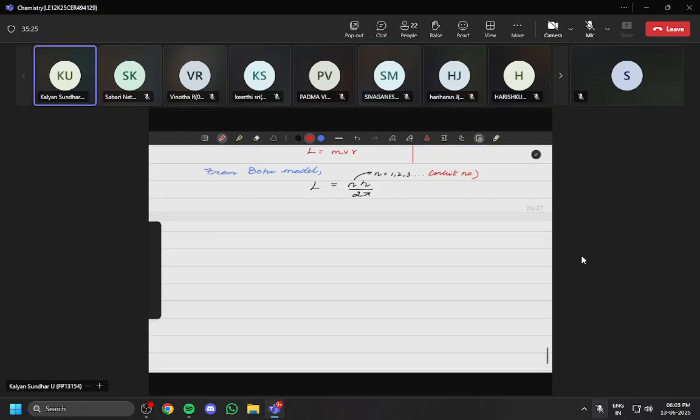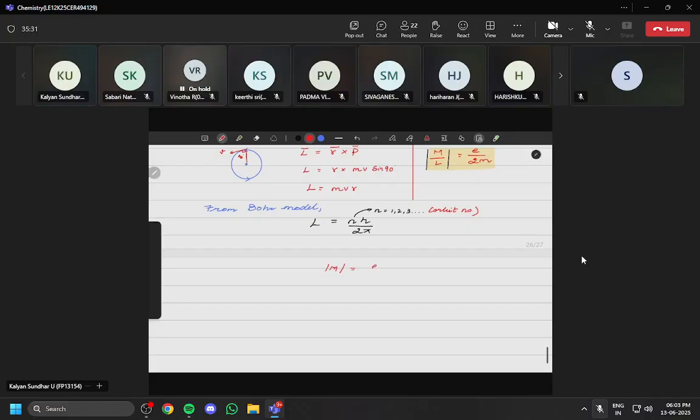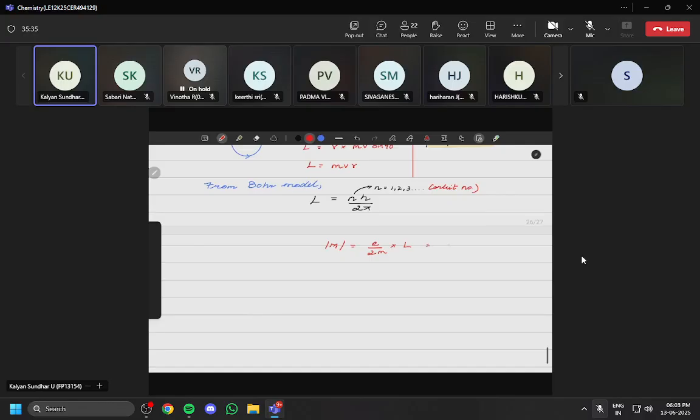So I can write this m vector as e by 2m into L, which can be e n h divided by 4 pi.